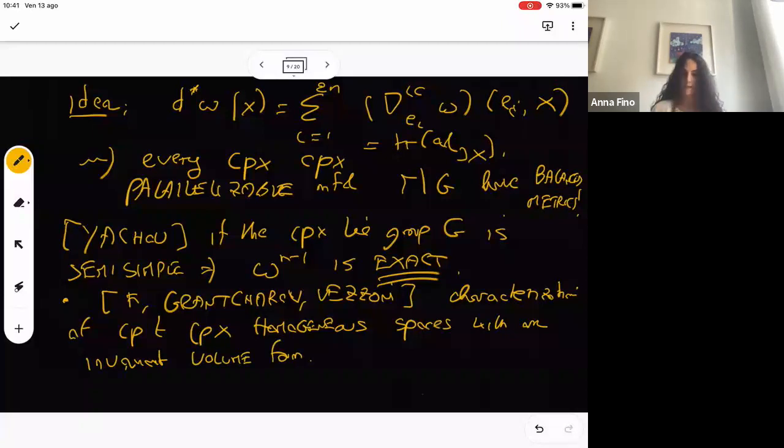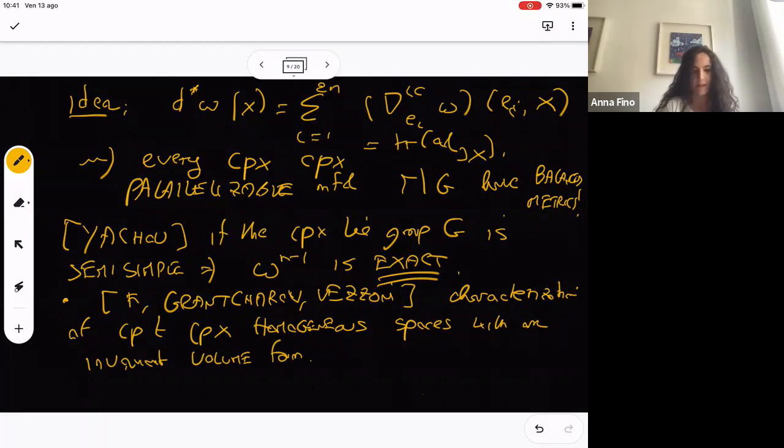That means that there is a complex structure and then a volume, which is preserved by a Lie group, by a transformation group that acts transitively on your manifold. That's more or less what it means.